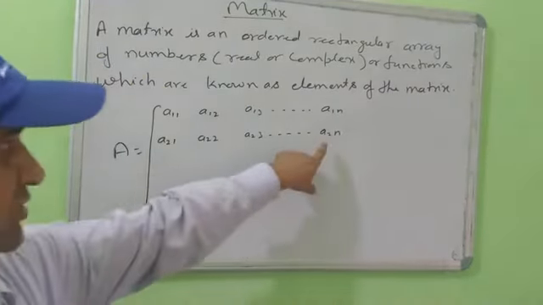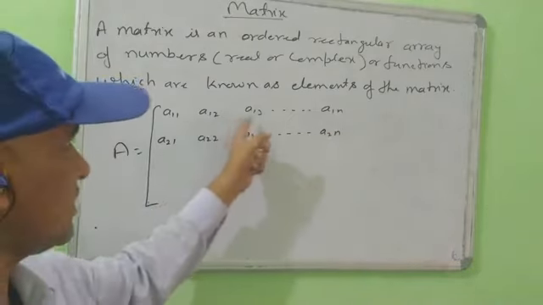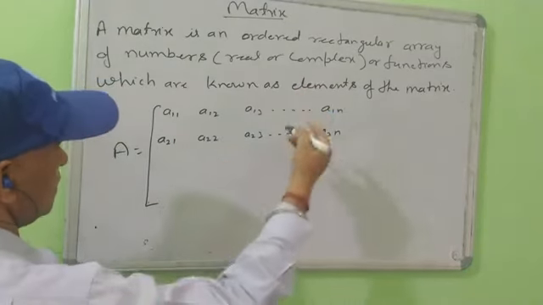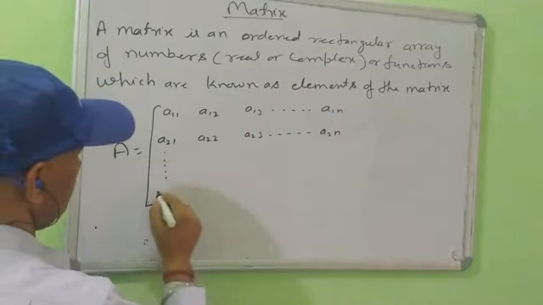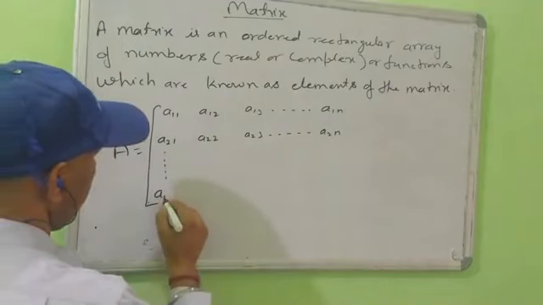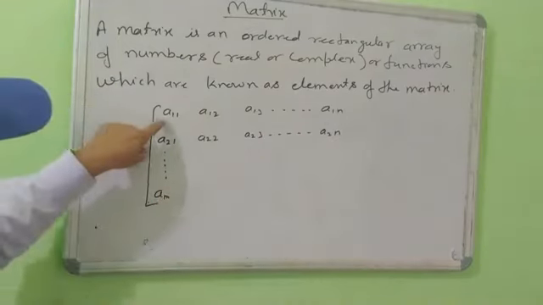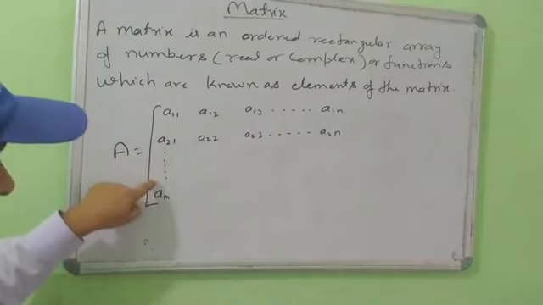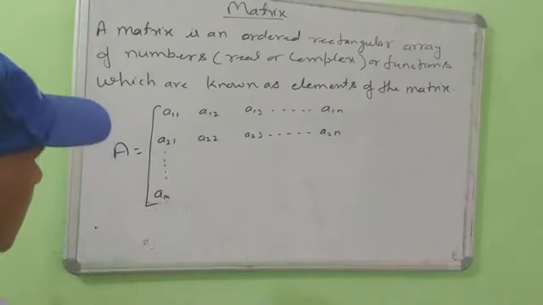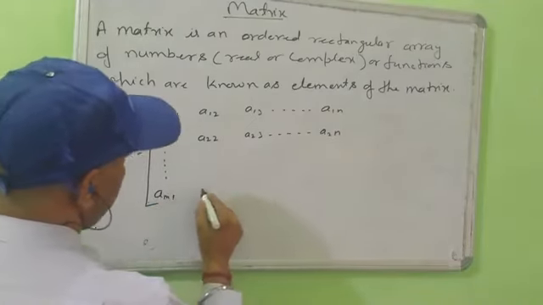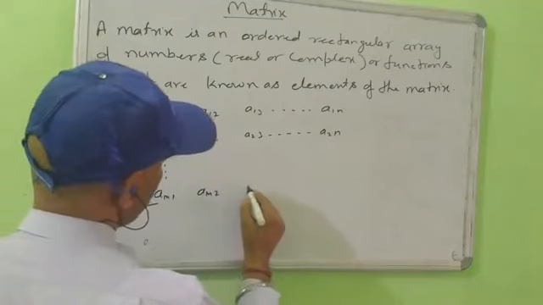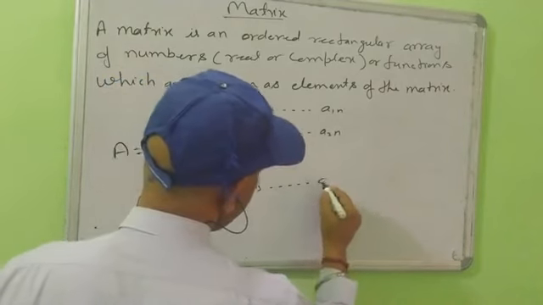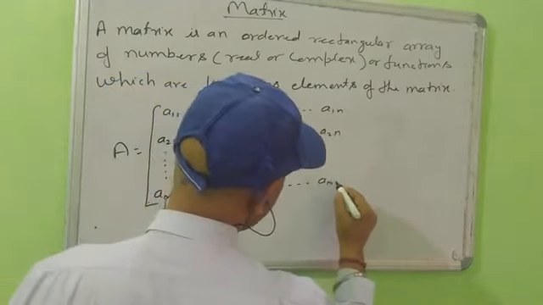Similarly you continue, with dashes, down to the mth row: mth row first column, mth row second column, mth row third column, dash, dash, dash, and mth row, nth column.